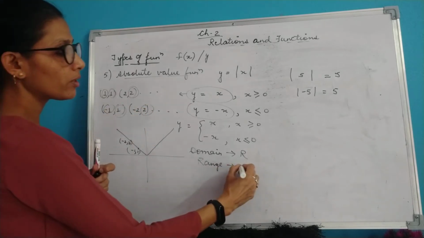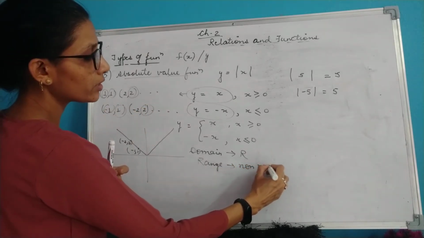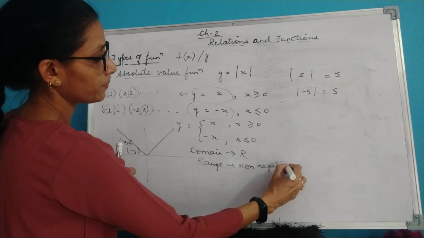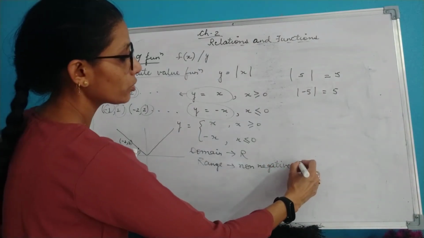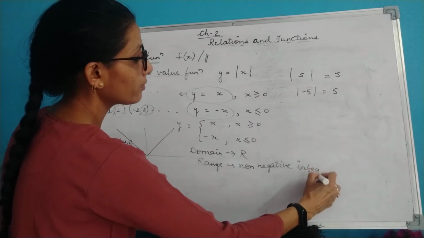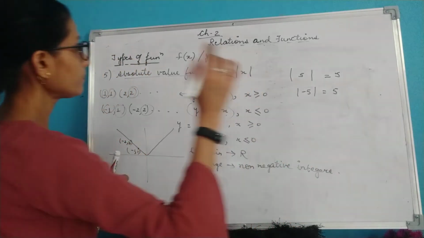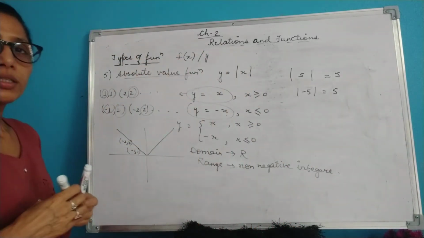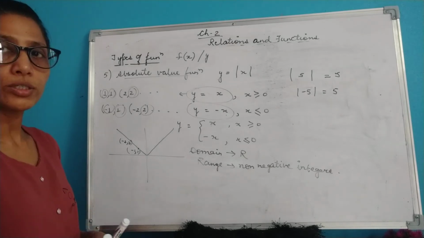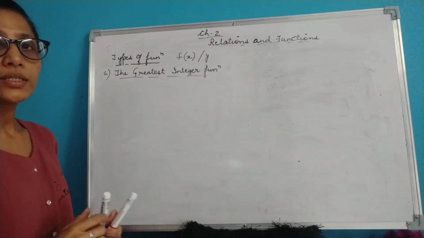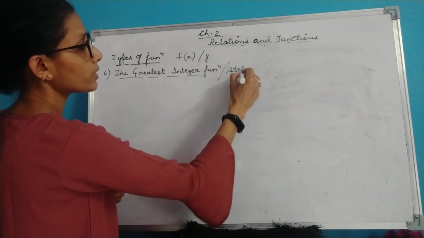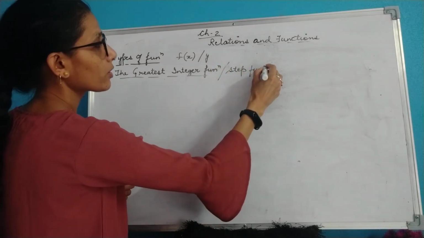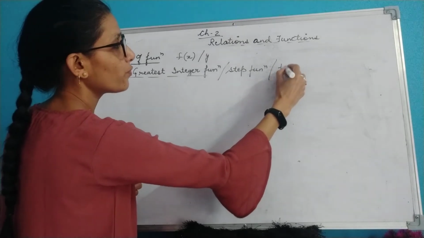So the range will be non-negative real numbers. Now let's define the sixth function, which is the greatest integer function, which is also known as the step function and also known as the floor function.